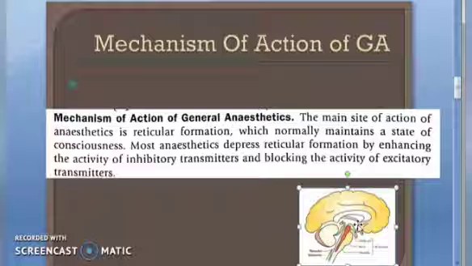This reticular formation is maintaining our consciousness. So even when you fall asleep, that moment where you fall asleep and you're awake, that is where reticular formation is responsible for that, okay? And most anesthetics, they depress this reticular formation, so you will become unconscious, correct?